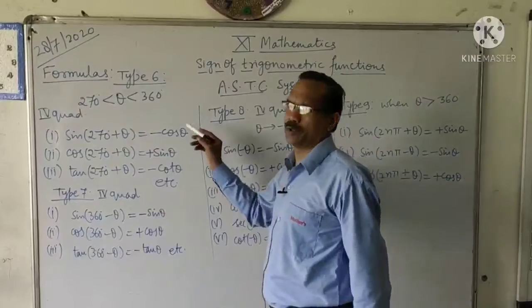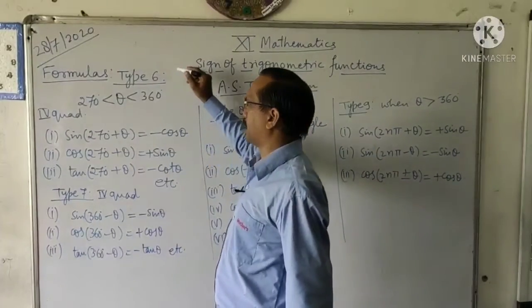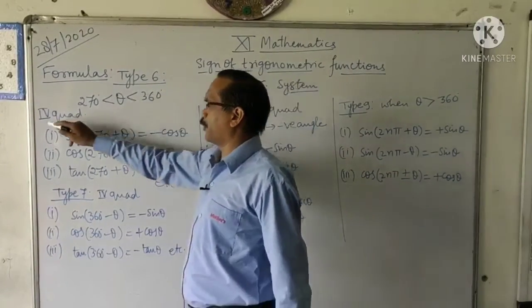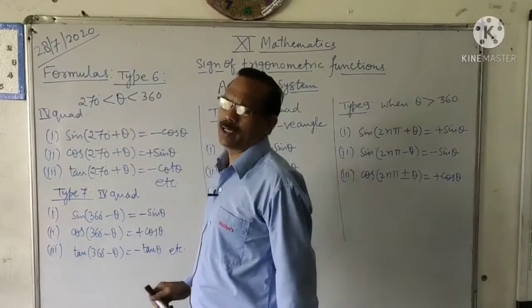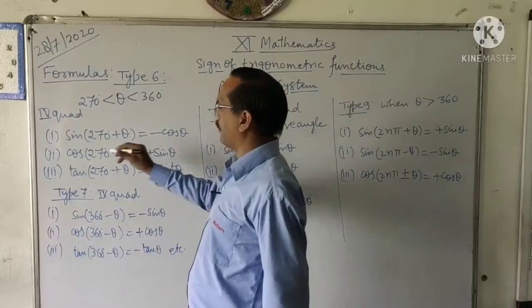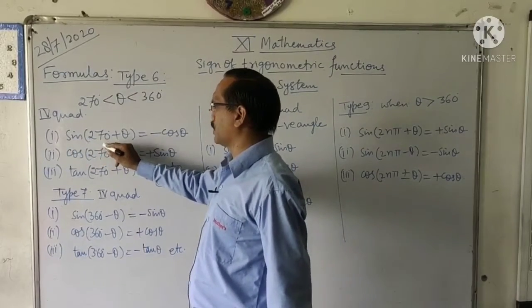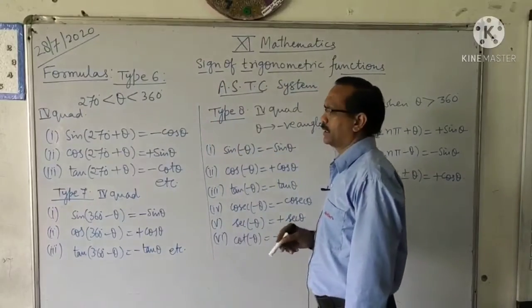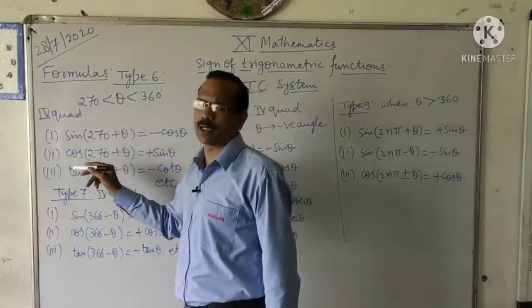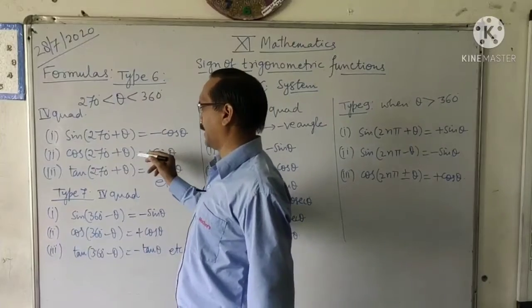Students, let's continue the formulas. Now it is type 6 and it is the fourth quadrant. Theta is less than 360 and greater than 270 degrees. Formula number 1, sin(270 degrees plus theta) is minus cos theta, because in the fourth quadrant sin is negative.